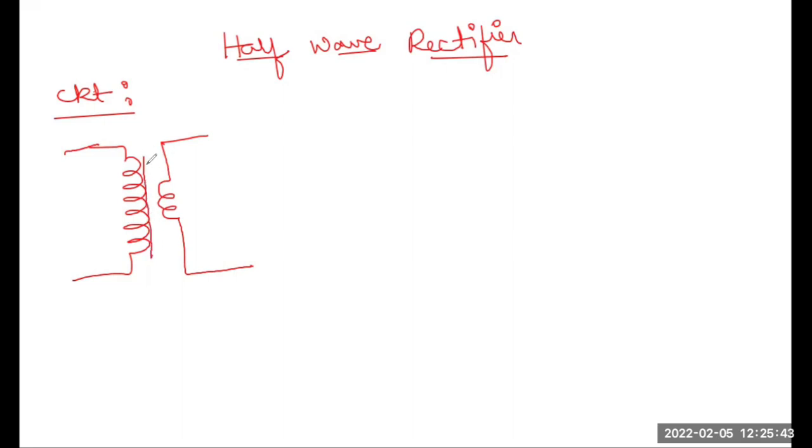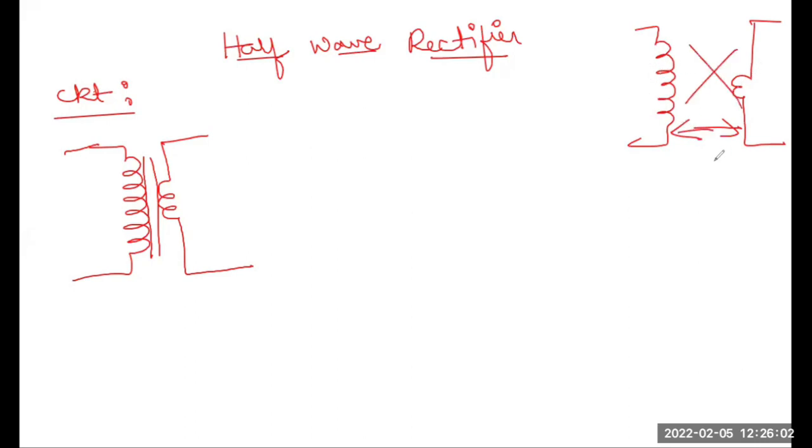Whenever you draw a symbol of a transformer, there should be flux lines. Many people draw transformers in different ways. Like this, with a lengthy gap between primary and secondary. It should not be the case. The distance between primary and secondary should be such that you can show the flux lines in between.